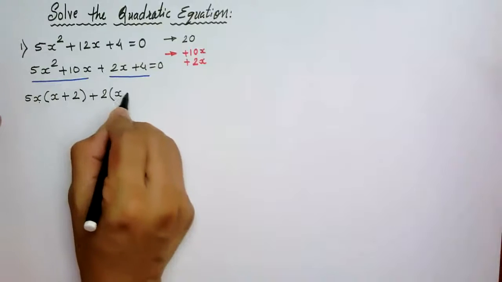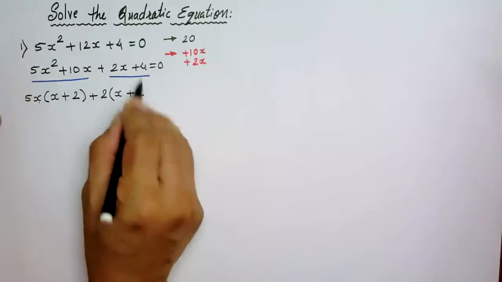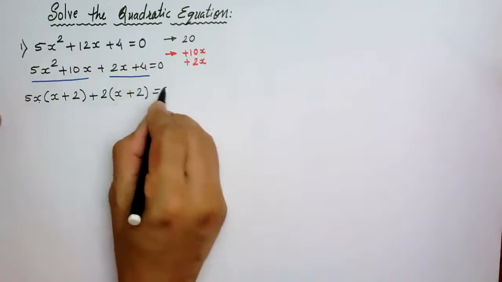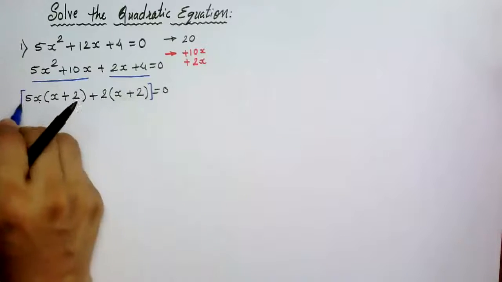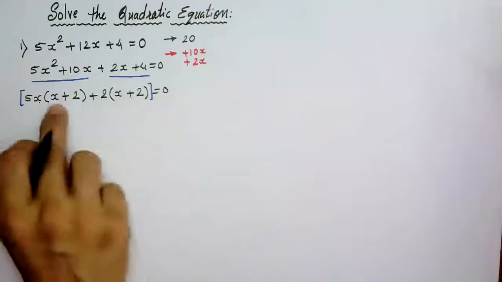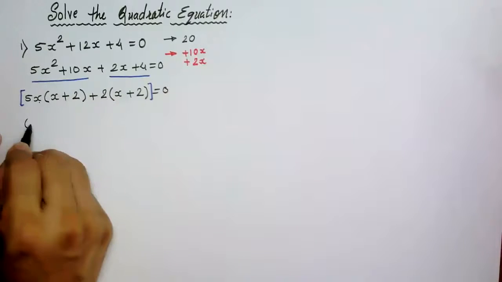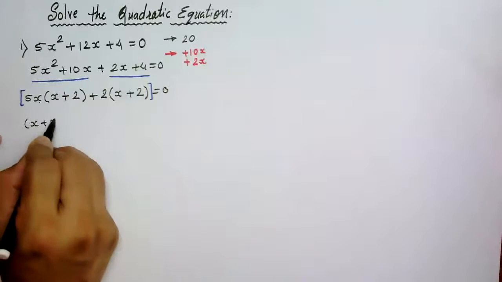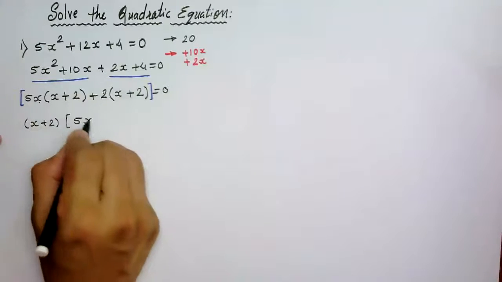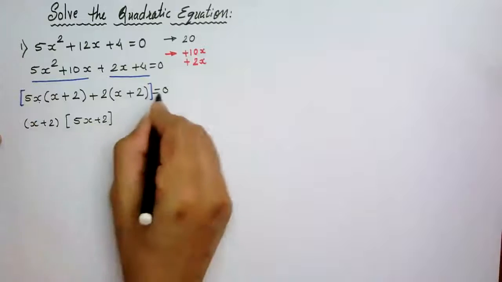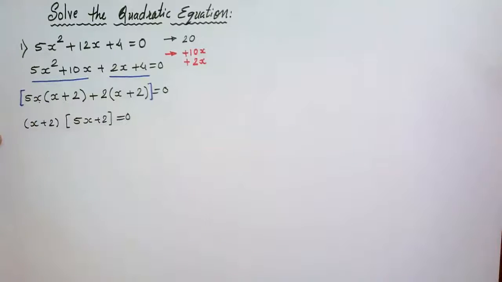So there remains x plus 2, 2 2s are 4, is equal to 0. Now from this big bracket, I can take this x plus 2 common. So x plus 2, there remains 5x plus 2, is equal to 0.